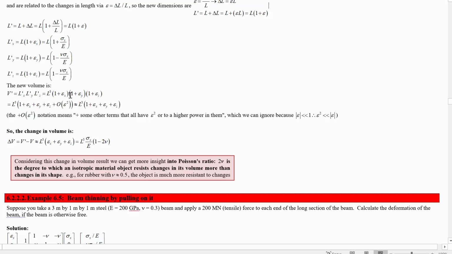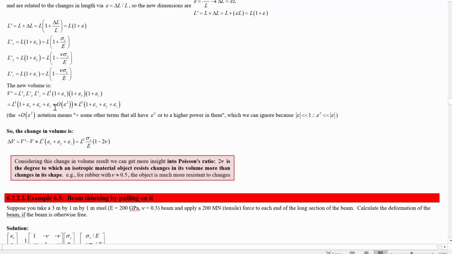Now, because the strain is typically very small, we're going to have 1 times 1 times 1 as one of the terms. Then we're going to have epsilon x times 1 times 1, and epsilon y times this one times that one. We're going to have epsilon z times this one times this one. Then we're going to have other terms that involve multiplying 2 epsilons together. And we can write that using big O notation like this.